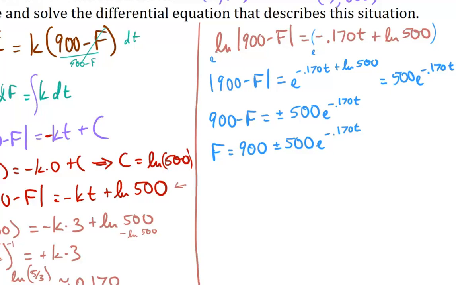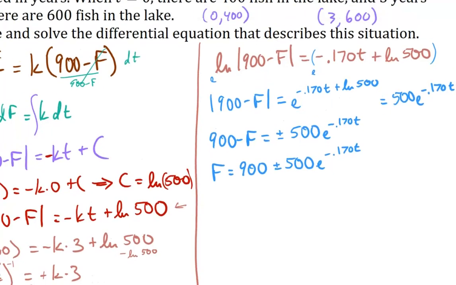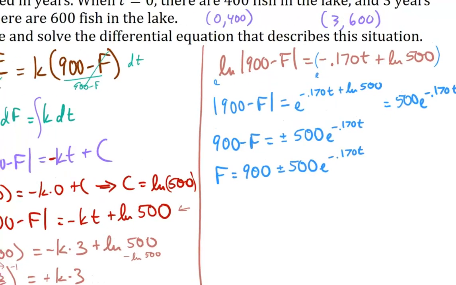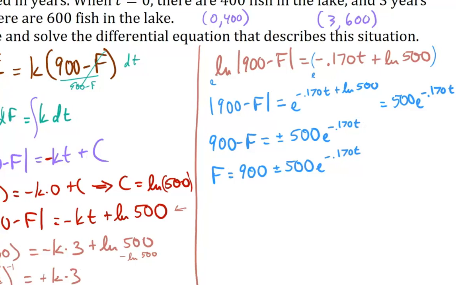Because I need to satisfy the original condition, we could use either of these actually. Sure, let's use the easy one: 0, 400. If I plug 0 into this, 900 plus 500 does not give me 400, so I need to choose the subtraction. So f is equal to 900 minus 500 e to the negative 0.170t.